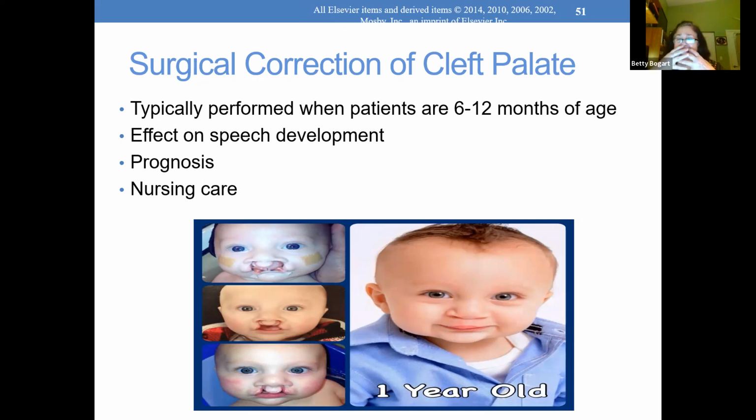And if you cannot make that seal with the roof of your mouth, you can't pronounce words. So we know speech is important with these children, and we will get it fixed as soon as we can so the child can learn how to speak correctly from the beginning.